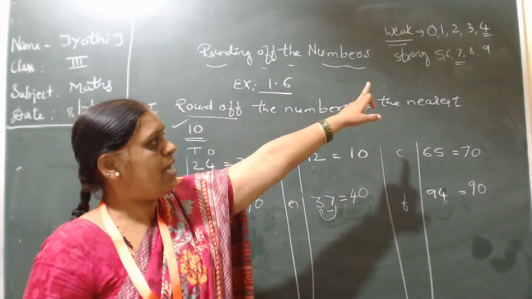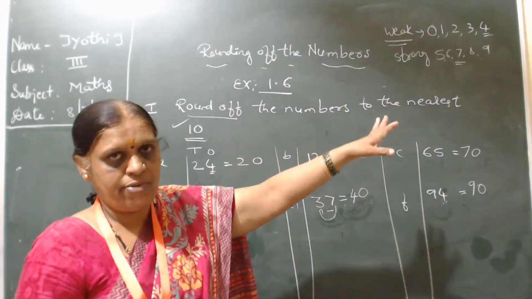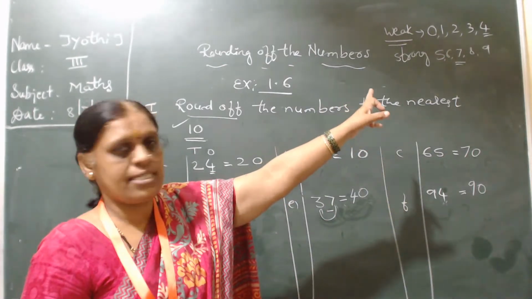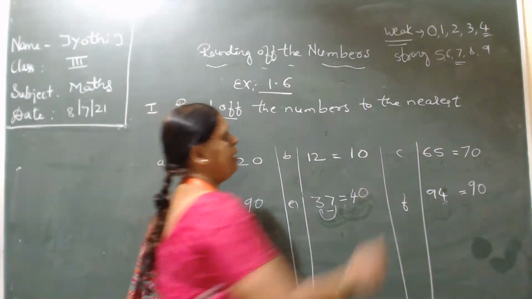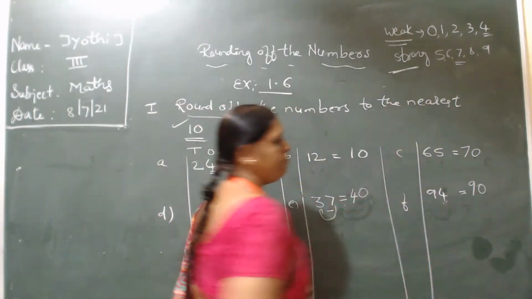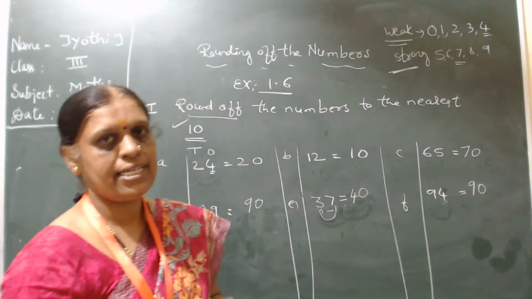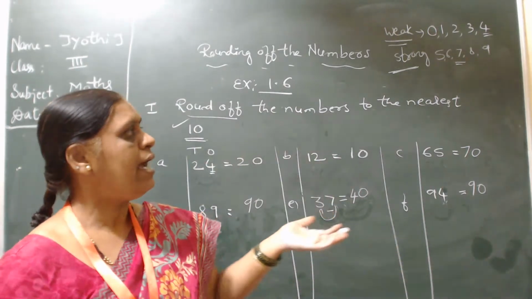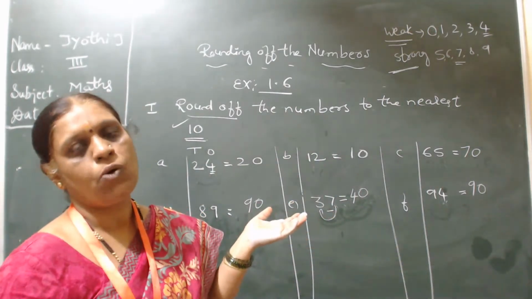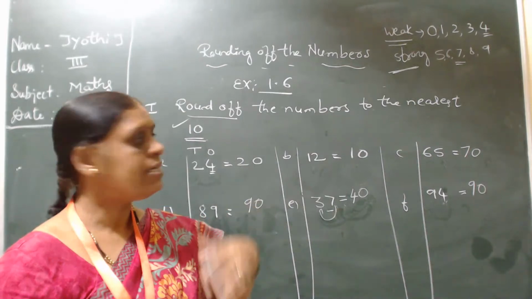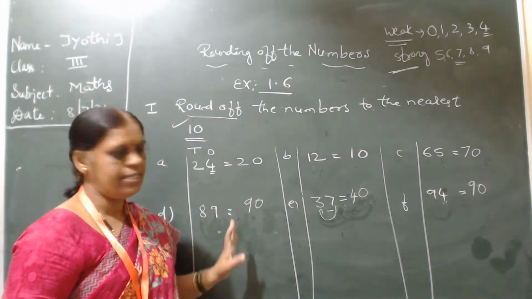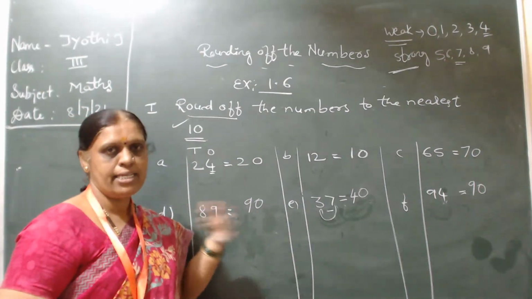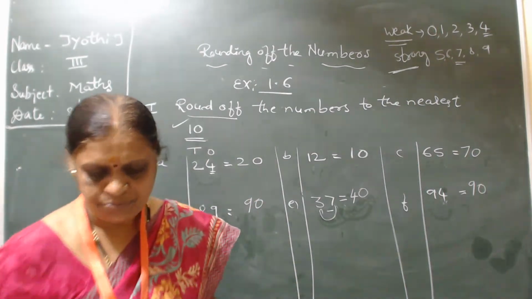If the numbers are 5 and more than 5, that is 5, 6, 7, 8, 9, as I told, these are the strong numbers. They push the tens into the next tens, and it will become the round up of the next tens. This is about the nearest to tens. Same we have the nearest to hundreds.